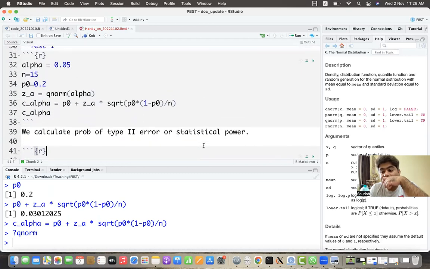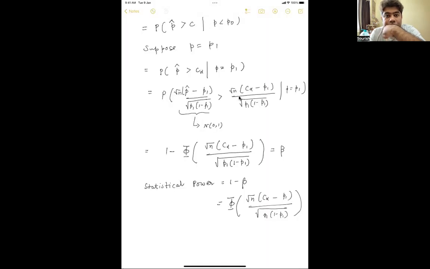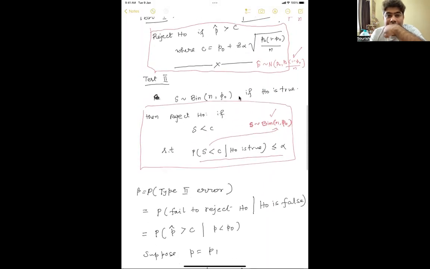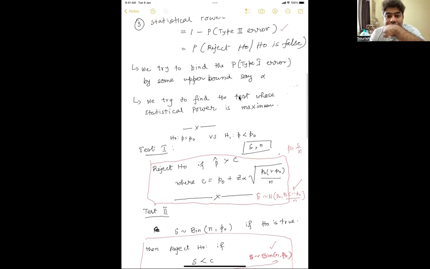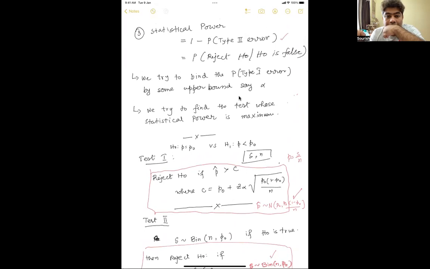So what is my type 1 error? Just a minute. What is my type 1 error? So here I have made a mistake. I think it has to be P hat less than C. Sorry about that.